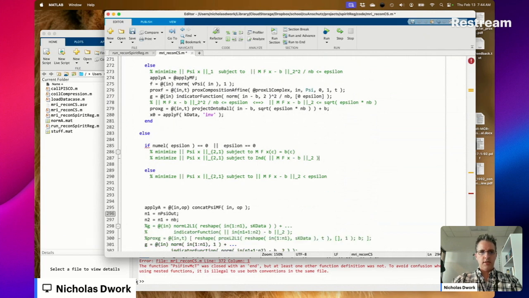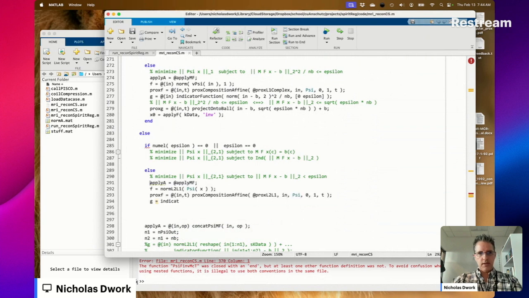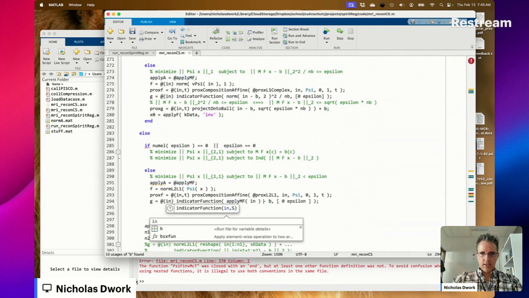Okay, so I was clearly doing hard data consistency, but that's not what I want to do. Indicator function in zero epsilon. So it's not in, but it's apply MF to n minus b. Take the norm of that.